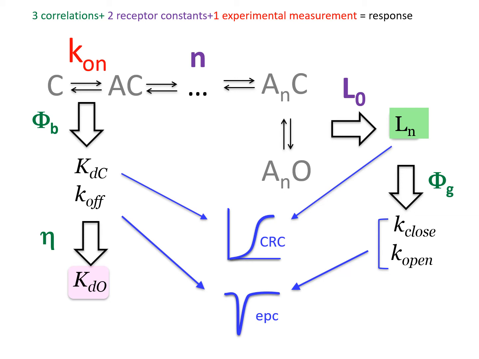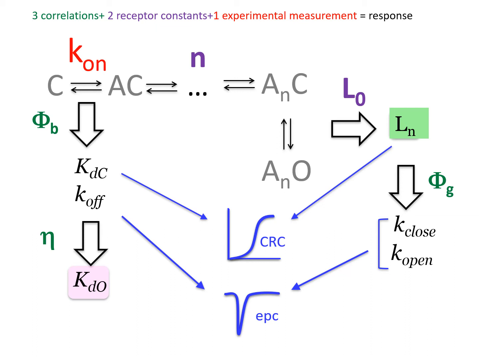And assuming values for K binding and K gating and efficiency, which you have to measure, once you get those three numbers, and L0 and the number of binding sites, you can calculate your dose response curve. So you don't have to grind through all those data. You can calculate it from here. Of course, you need to know desensitization and things like that as well to get a cellular response. But this is just for the binding and gating parts.